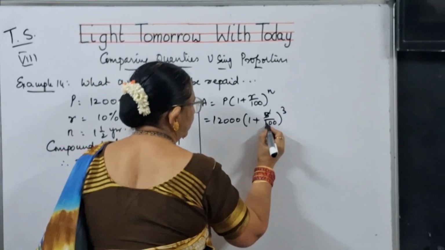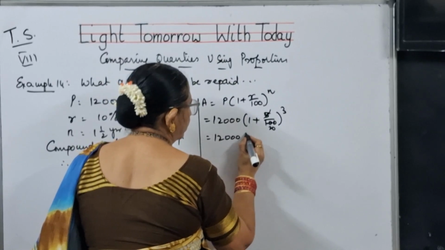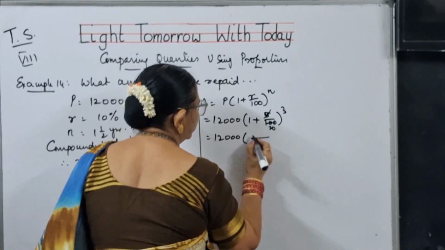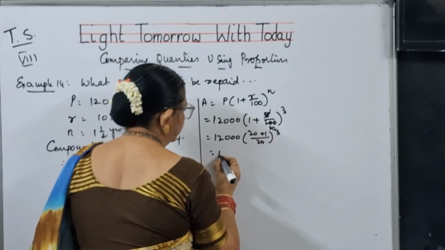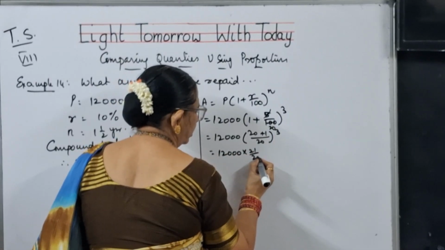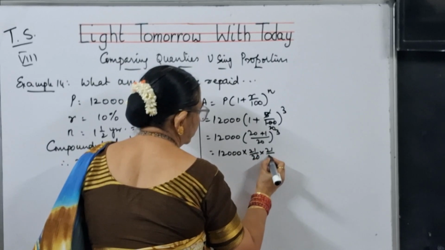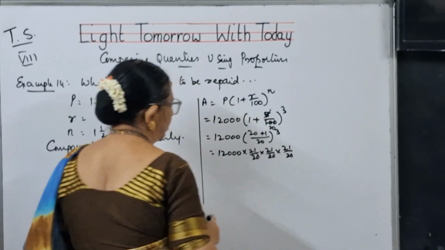That means 5 ones are 5, 20s are 100. 12,000 into, you can take LCM 20 here, 20 plus 1 whole cube. That means 12,000 into 21 by 20 into 21 by 20 into 21 by 20.